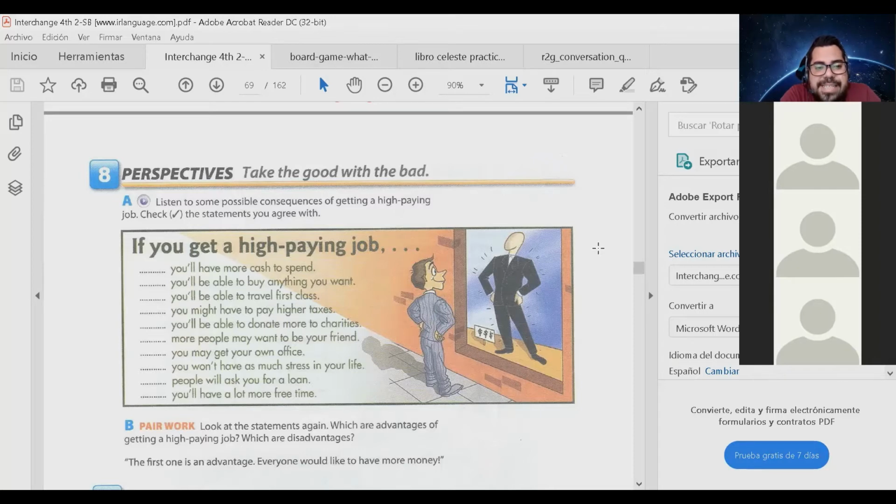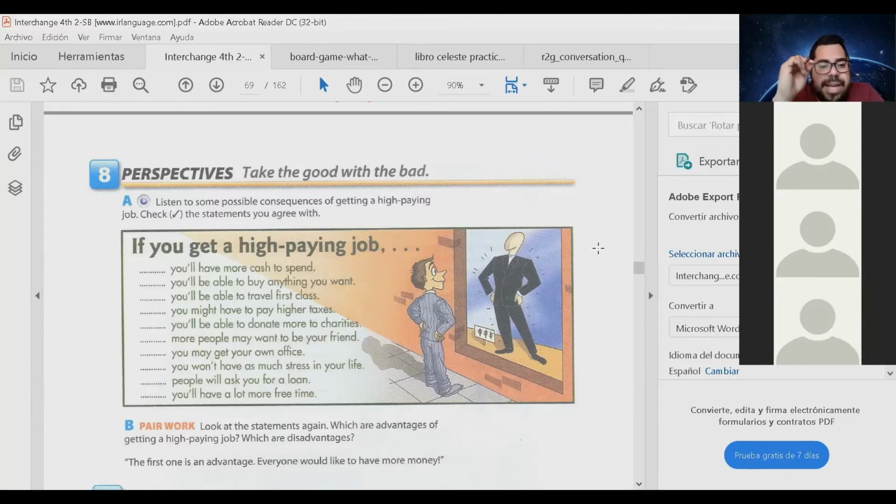Haziel, help me reading the next two. The taxes, guys. Yes, that's something that we have to pay, right? You'll be able to donate more to charity. I say charities. Yes, caridades. So look at this.